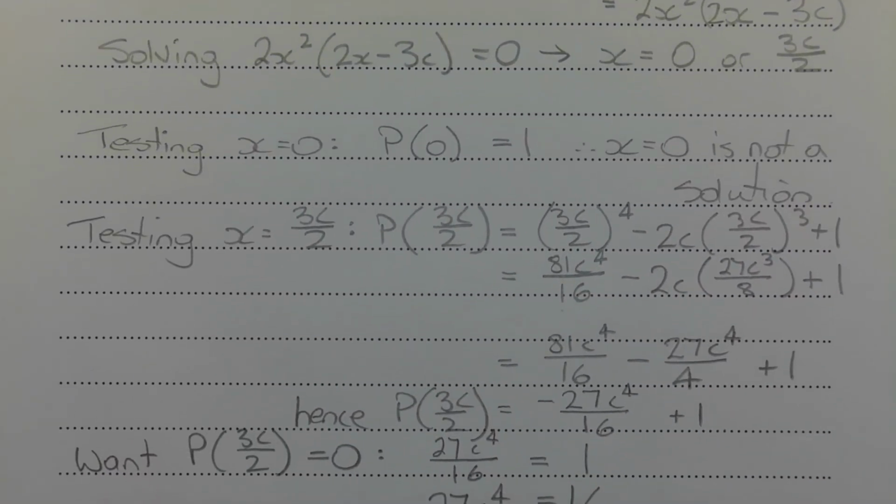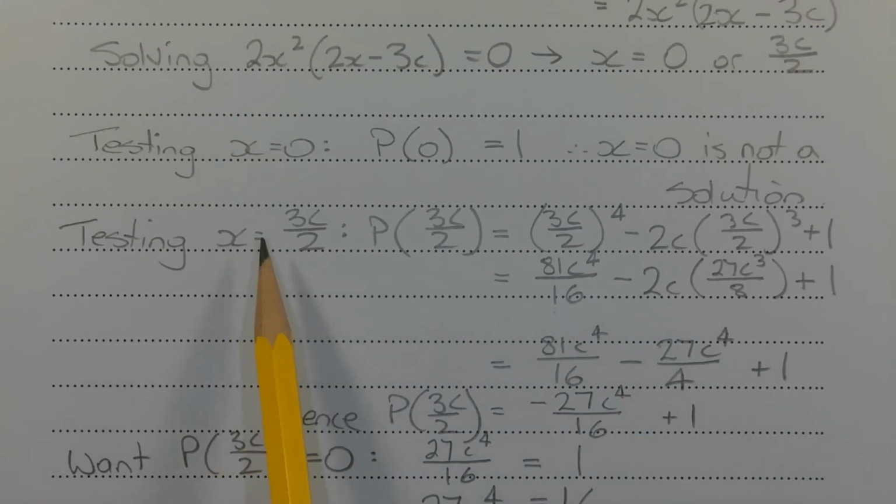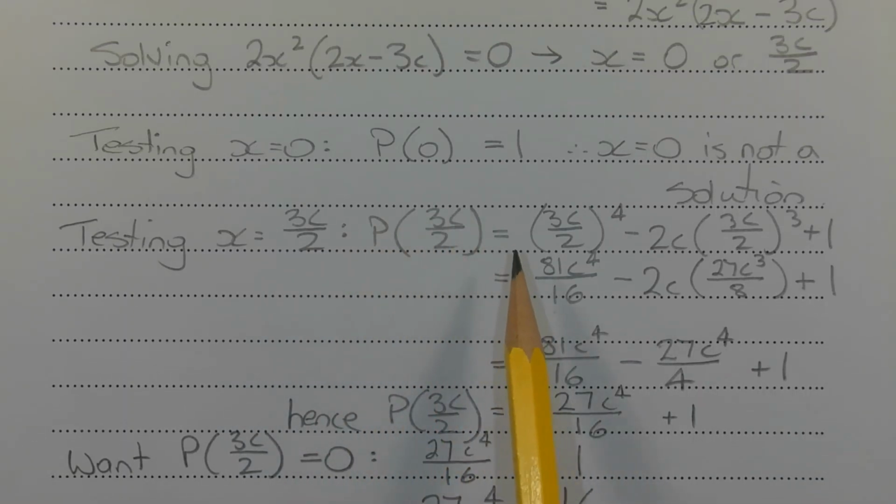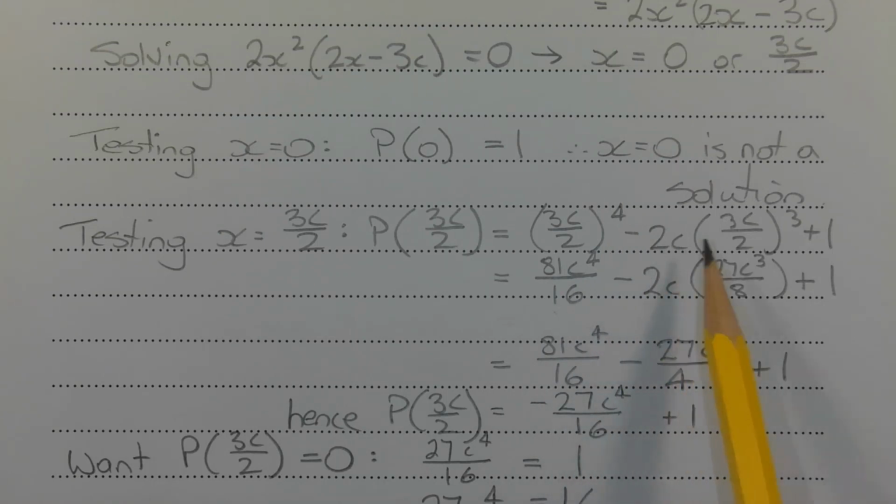So if we test or consider x is equal to 3c over 2, we get p of 3c over 2 equals (3c over 2) to the power of 4 minus 2c outside of (3c over 2) cubed plus 1. Expanding the brackets here, we get 81c to the power of 4 over 16 minus 2c outside of (27c cubed over 8) plus 1.